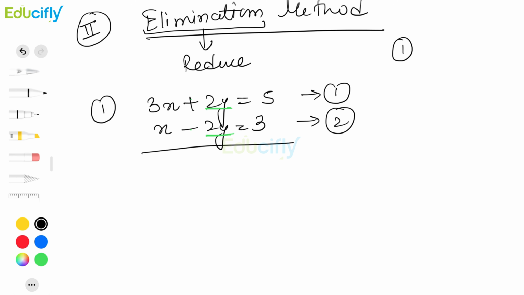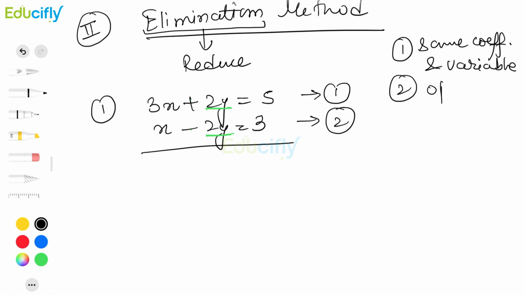One is they have the same coefficient and variable. Second is they have opposite sign, which is also a very important thing. Otherwise you have to introduce a negative sign, which I will further discuss.